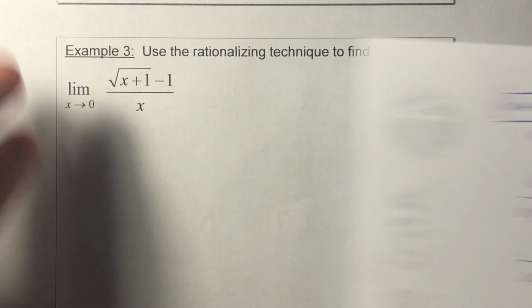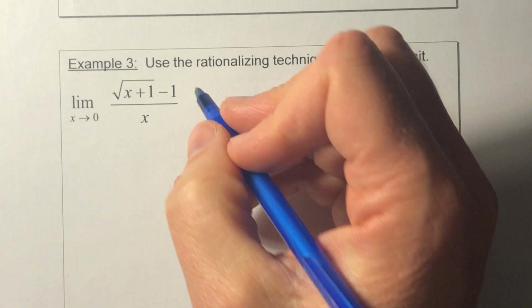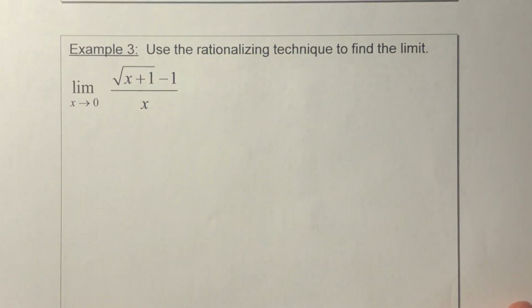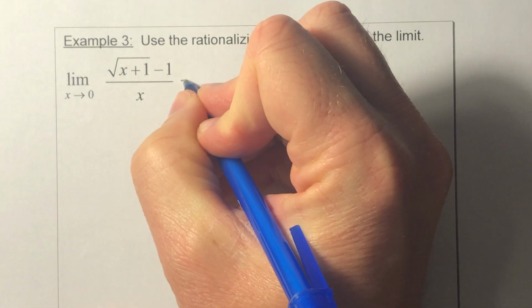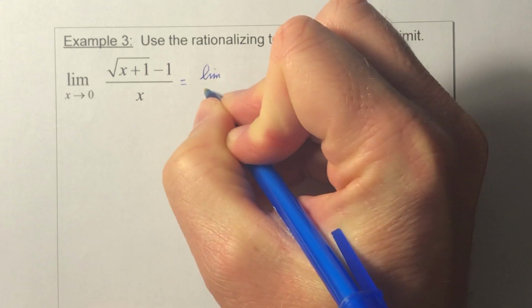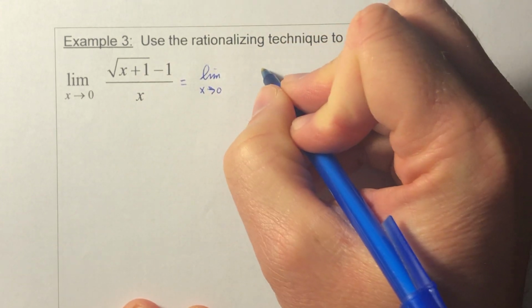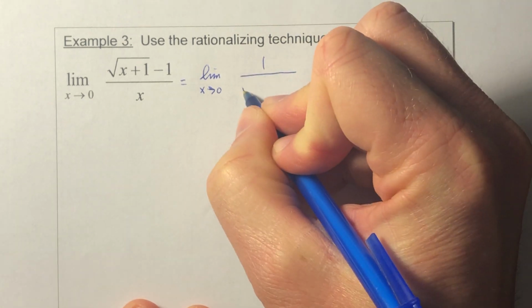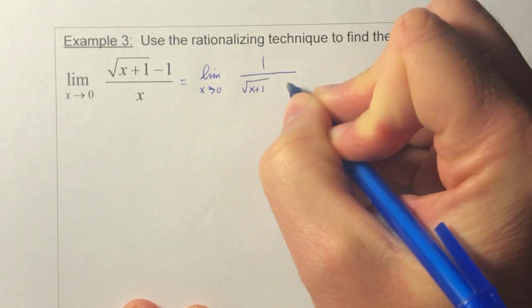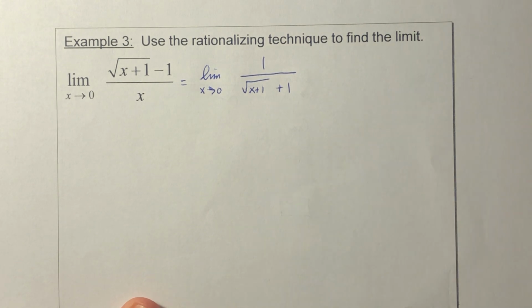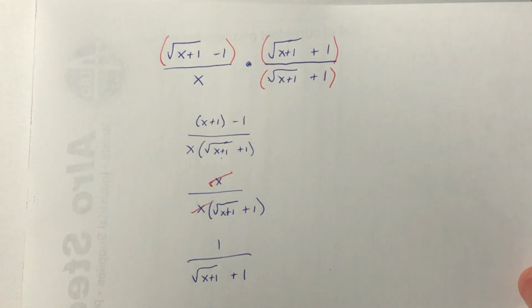Okay? So now we're going to bring that into here. So this is going to be the limit as x approaches 0 of 1 over the square root of x plus 1 plus 1. Okay, so that's what we got.